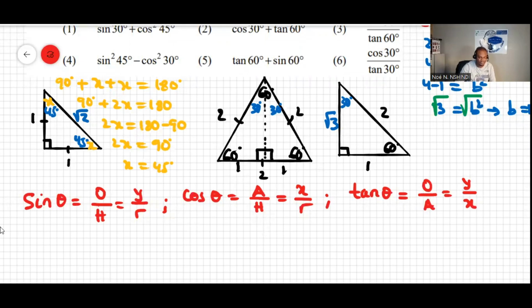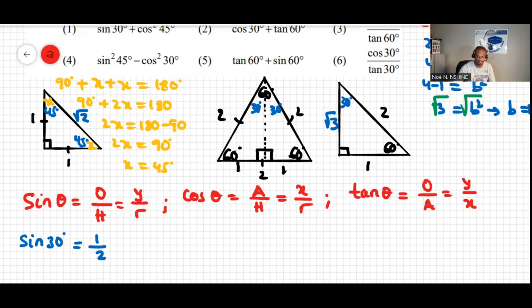I'll take sine of 30 degrees. So this will be opposite over hypotenuse. The opposite side to 30 degrees is this side, 1. So it's going to be 1 over the hypotenuse, which is 2, the longer side of the triangle. So sine of 30 degrees is equal to a half.